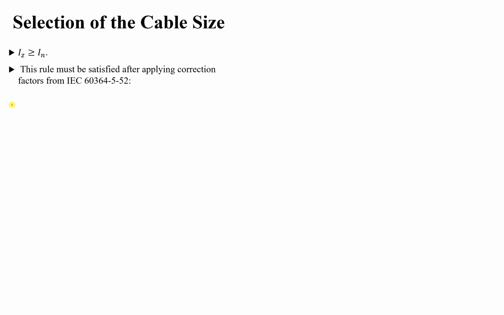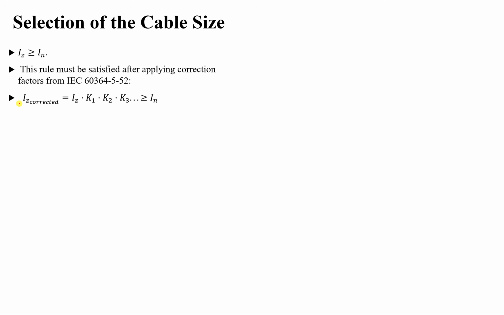Remember that our cable can have several correction factors or derating factors, which we discussed in another video. These derating factors can be, for example, a derating due to temperature effect. So if the temperature is high, we need to derate our cable or operate it at a lower current.